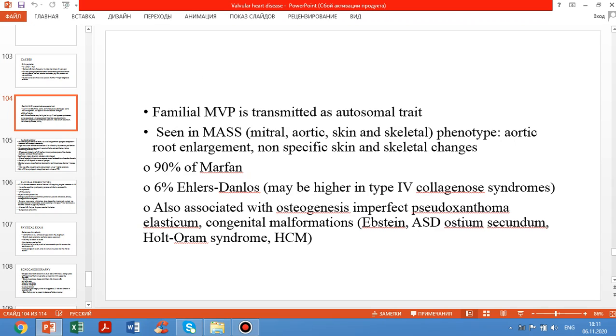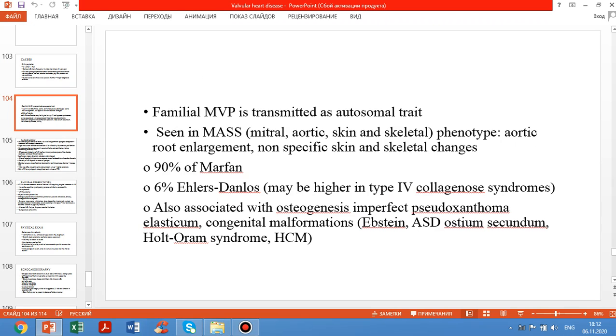Familial mitral valve prolapse is transmitted as an autosomal trait, seen in mitral, aortic, skin, and skeletal phenotypes: aortic enlargement, non-specific skin and skeletal changes. 90% of Marfan disease, 6% of Ehlers-Danlos syndrome, may be higher in type 4 collagen syndrome.